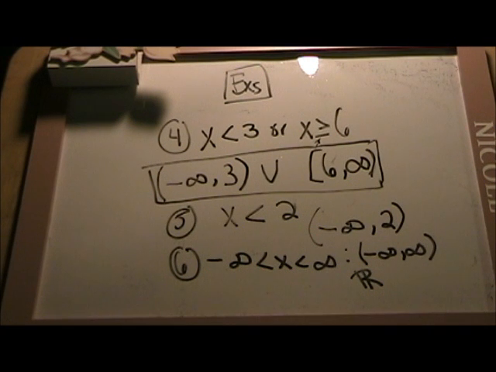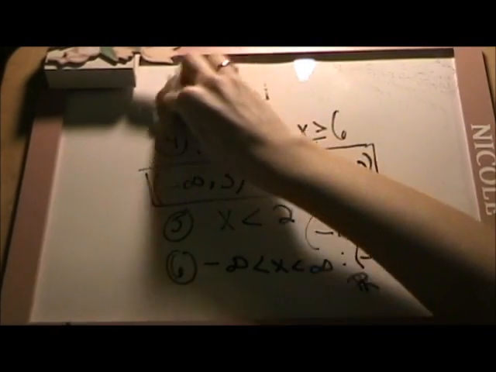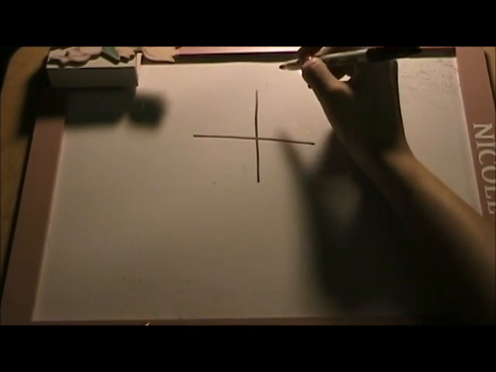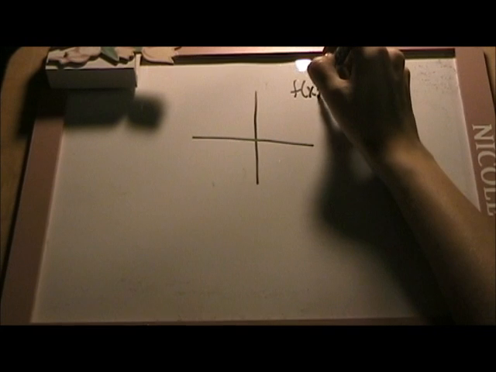Interval notation, extremely important. This is all I use, so it's really important to understand how to use it and what it means. Okay. So let's go back to increasing and decreasing. If I have this function, we'll do f of x equals 1 minus x squared.